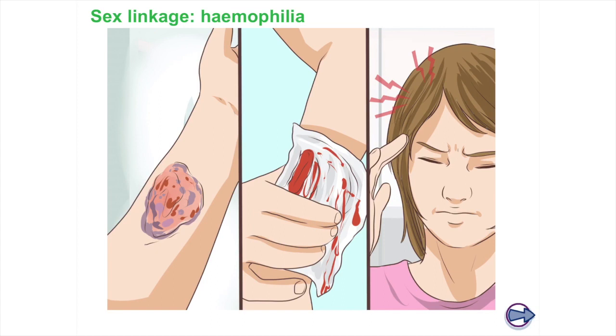Another genetic disorder that is related to sex is hemophilia. Hemophilia is a disorder that, just like color blindness, is carried on the X chromosome.